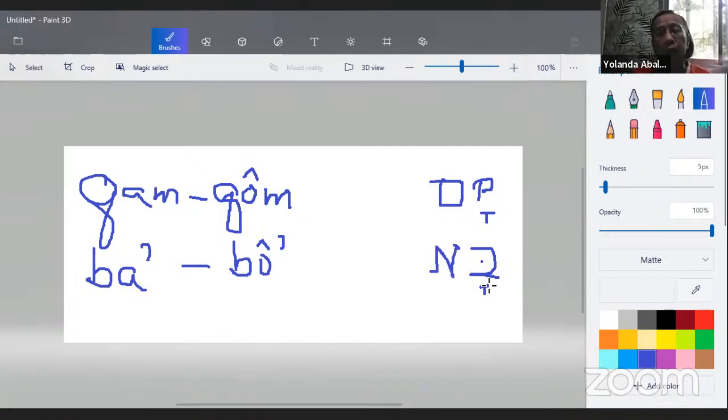Yan po, ba. This is that. Meron siyang tuldok sa gitna. So, ipopronounce po siya as B. Otherwise, kung wala po siyang tuldok sa gitna, ipopronounce po siya as V.